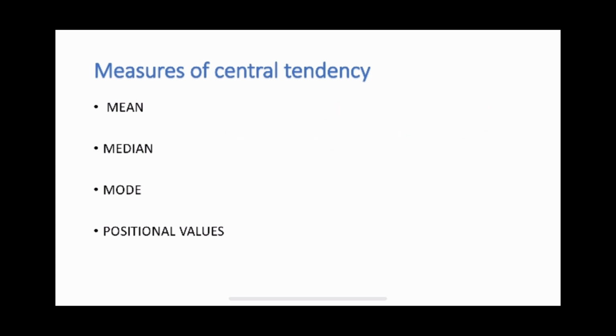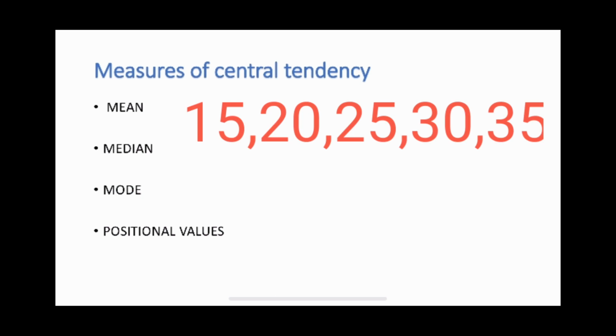To obtain the median, we first sort the values, and from this we can choose the middle value, that is 25, and 25 is going to be our median. So this is how the median is calculated. As I told you, the median divides the set of values into two parts, and you can see it has divided them into two parts.